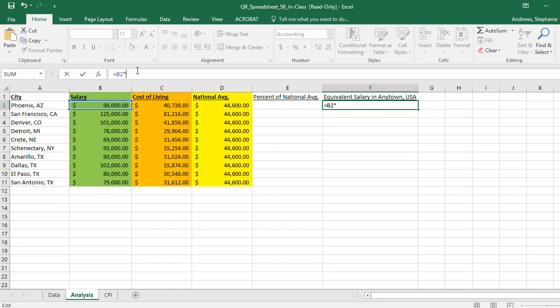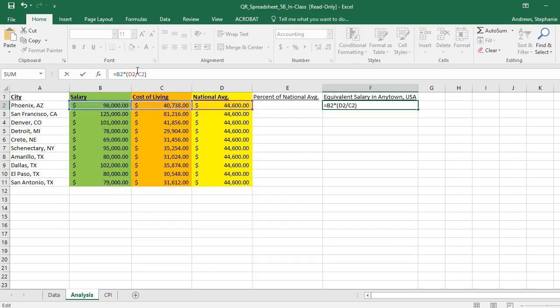So I'm going to do Shift 8 and then give it a parenthesis to tell it what I'm doing. Then I took the cost of living for the nation, the national average, which is sitting in D2, and I divided that by Phoenix's cost of living, which is sitting in C2, and I close off, oopsie, got to do a shift there.